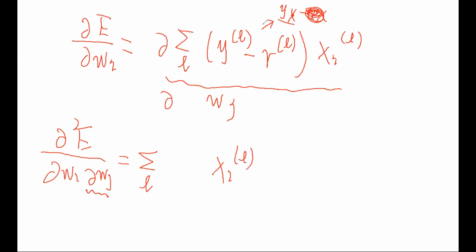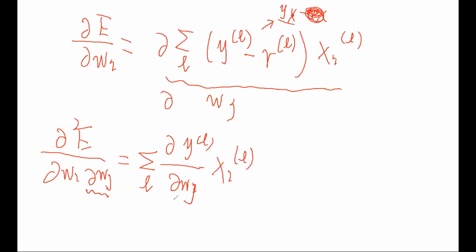Only Y contains W, because Y is the sigmoid of A, which is a linear function of W. So all we have is this term, YL, with respect to Wj.